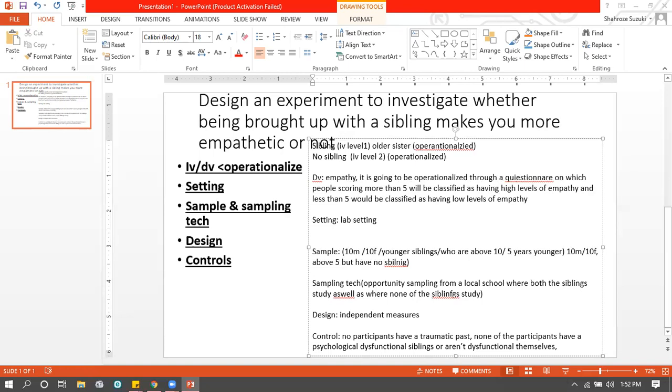Because a girl can have an older sister, a girl can have an older brother. A boy can have an older sister, a boy can have an older brother. So would we then need to divide people on that gender as well? Because the gender of the person relative to their sibling could also affect their empathy.